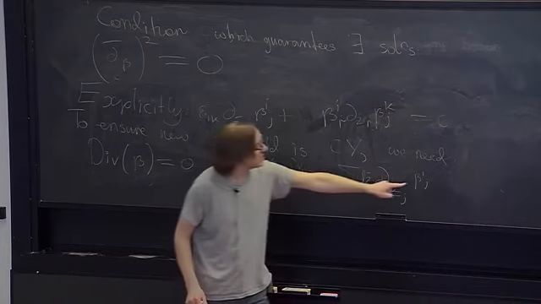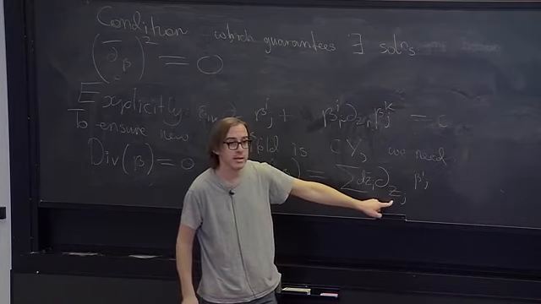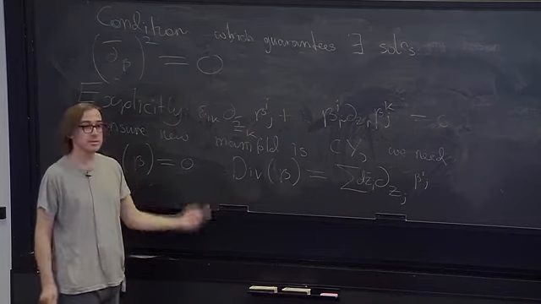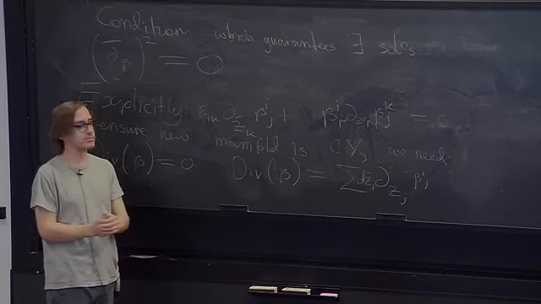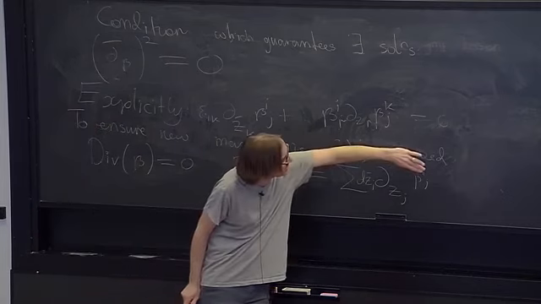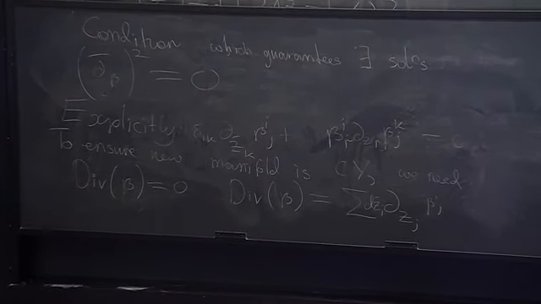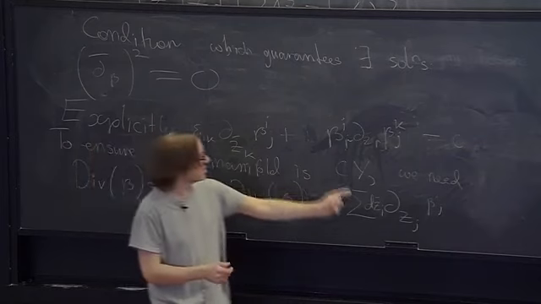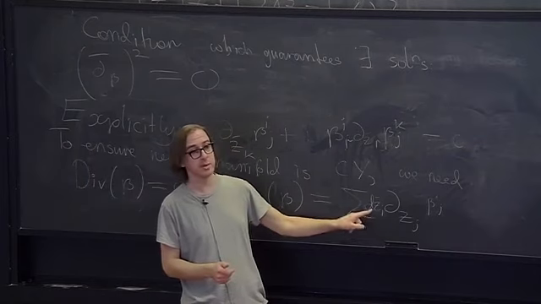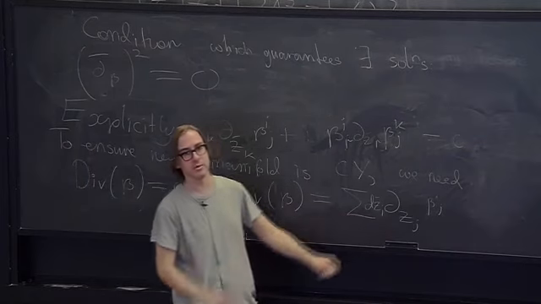So we take beta ij and differentiate in the zj direction. The reason this is called a divergence is that suppose beta was a vector field. Then I wouldn't have this upper index, and I would be doing literally the divergence of a vector field. But now this is a vector field with an additional index coupled to the dz bars, so I'm just doing the divergence in the vector field part.